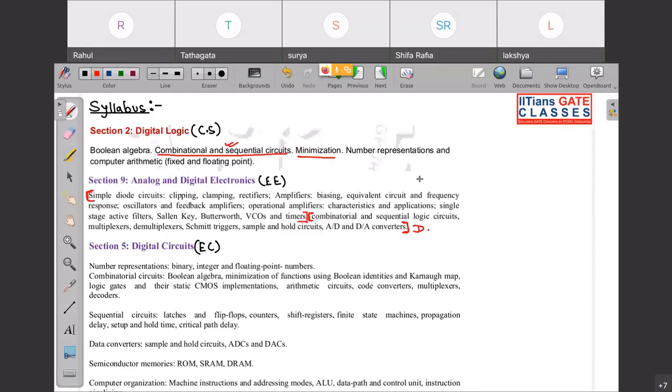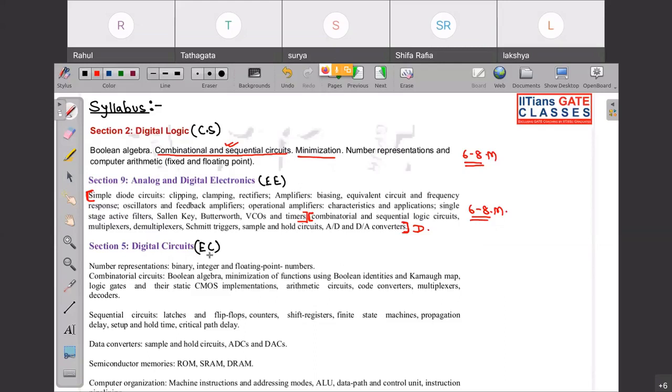If you ask me the weightage, for CS I guess somewhere around 6 to 8 mark questions are asked sometimes, and for electrical this is also 6 to 8 mark questions each year. This year I saw there were good questions from digital electronics for EE as well as EC. Computer science paper I haven't seen for this digital logic yet.